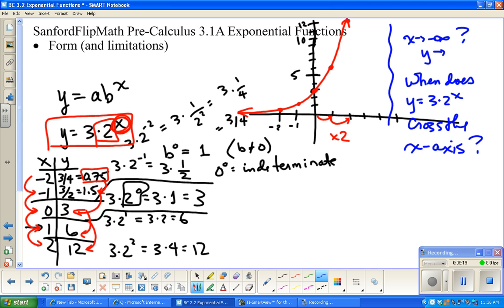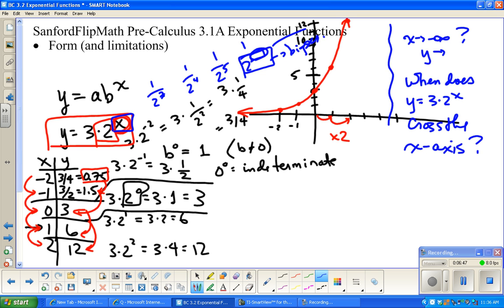So as x becomes more and more negative, well, then I end up doing like 1 over 2 to the third if x is negative 3. 1 over 2 to the fourth, 1 over 2 to the fifth. As the exponents get bigger and bigger, 2 to this power gets bigger and bigger, which means our denominator gets bigger.